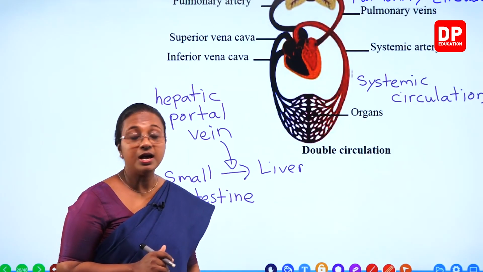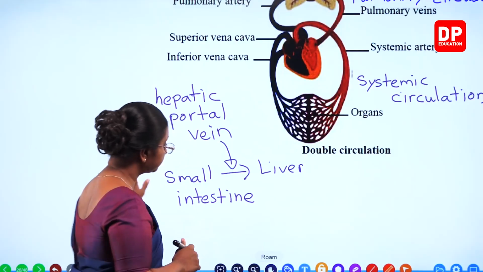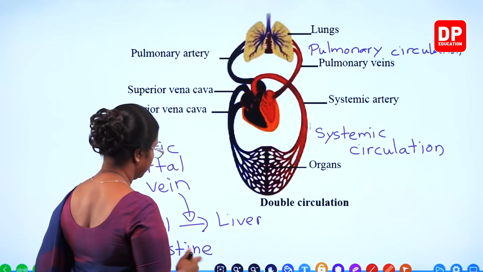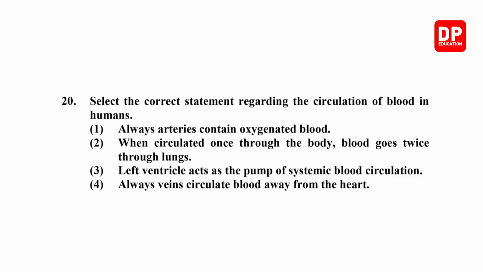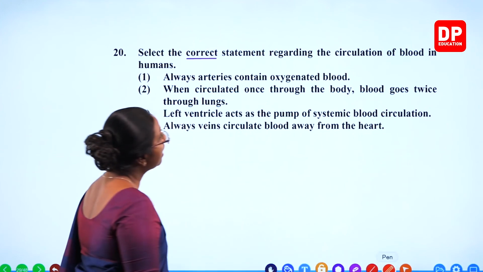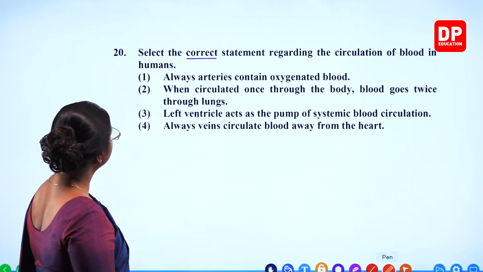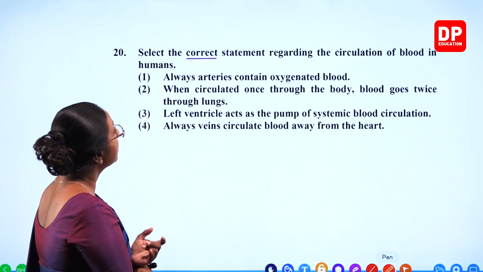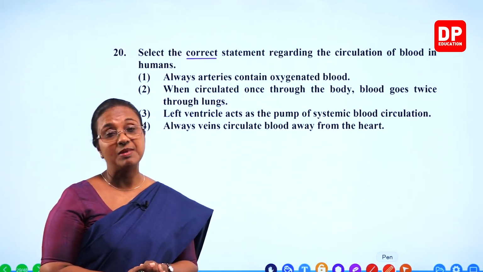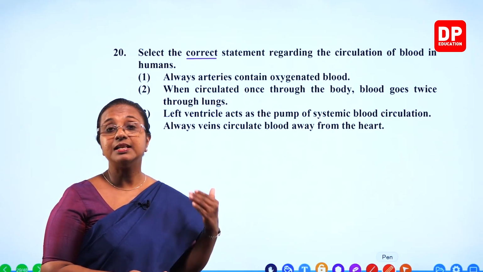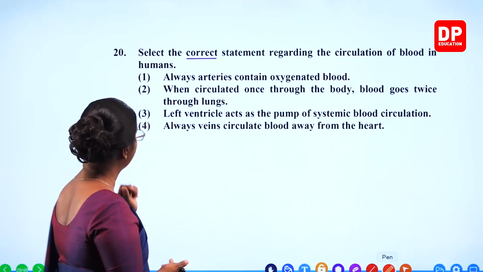Now we will try to answer the question. Select the correct statement regarding the circulation of blood in humans. Always arteries contain oxygenated blood. No. Pulmonary artery contains deoxygenated blood.